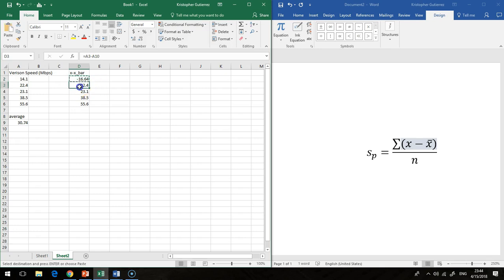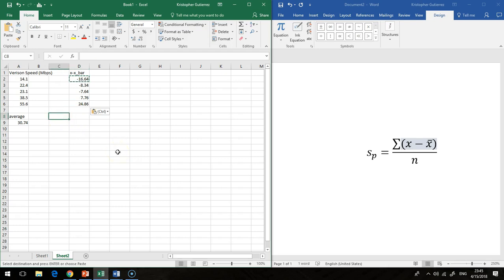And then that'll be Control C, and I will Control V, paste it, and now I have A3, A4, A5. And notice that as I go down, the first number will increase by 1 each time, but that 9 will stay 9. So that'll be x minus x bar for all of those.